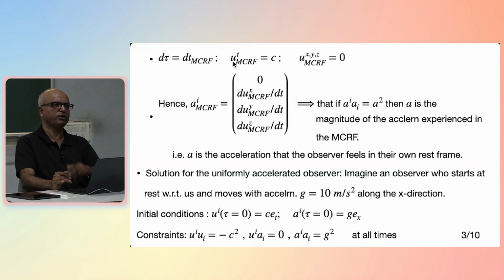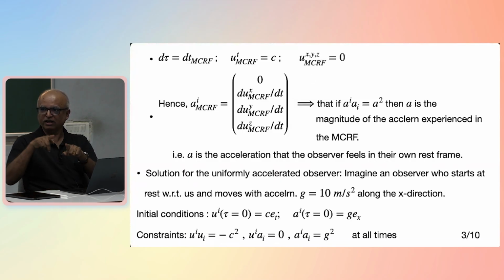The 0th component of the 4-velocity is a constant, so the 0th component of the 4-acceleration is 0, and dt is equal to dτ. So the spatial components of the 4-acceleration are these. Yes, the velocity is 0, but the acceleration is not 0. My velocity is going to change with respect to the MCRF. After some moment, there will be a new MCRF. You get this?